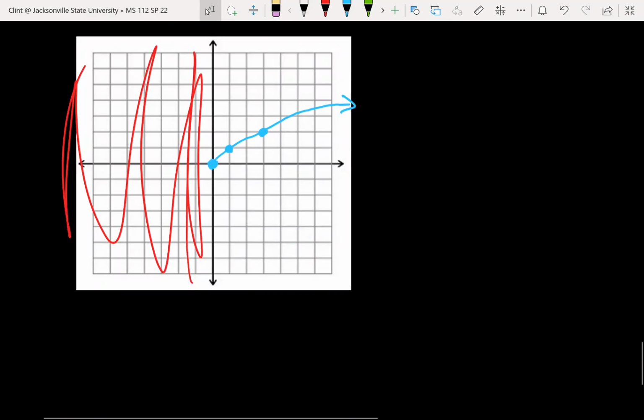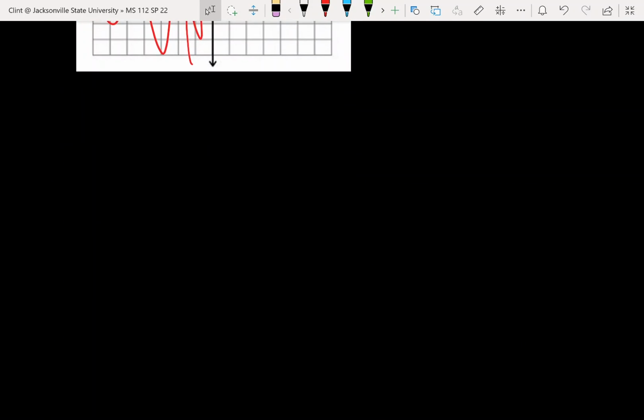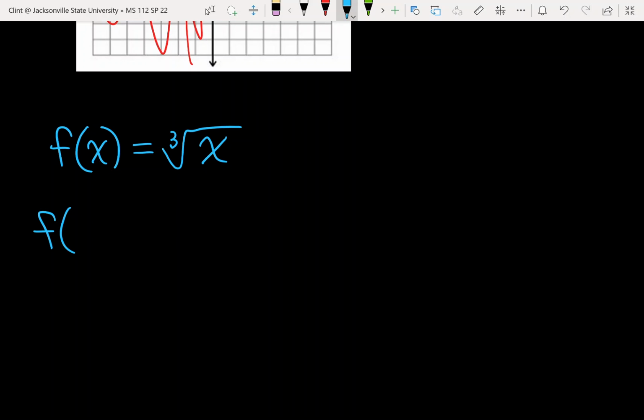What if it's odd? I won't make you plot points for all these. Let's just think through them. I'll do a few real quick. Now let's think about the negative situation here. That's okay if our index is odd. Cube root of -1 is -1.